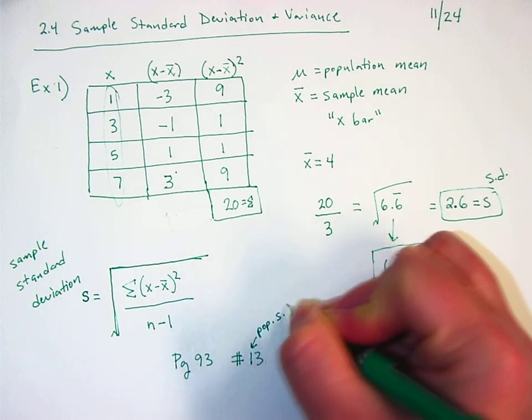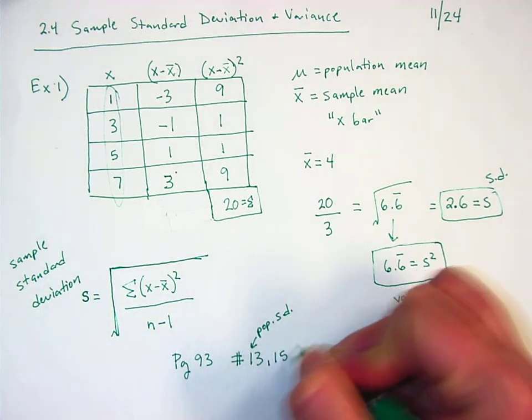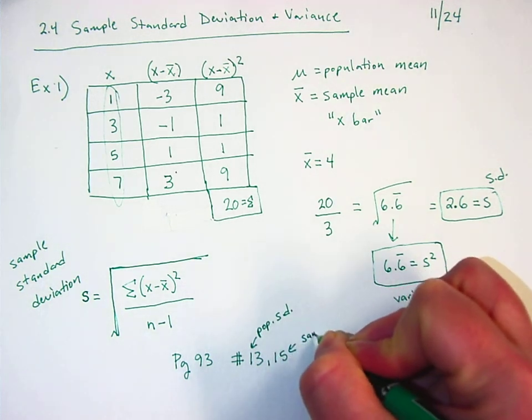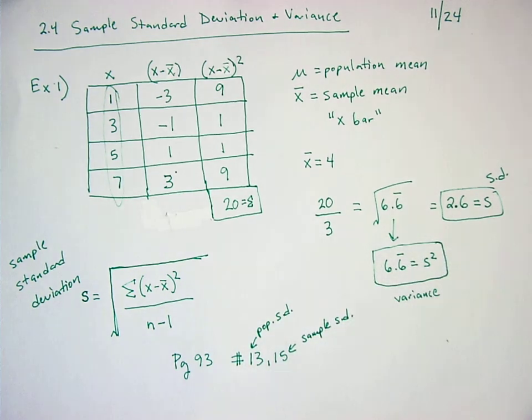So that's like yesterday. And we're going to do 15, which is sample standard deviation. Okay, and that's due tomorrow. 2 problems due tomorrow. They'll take a little bit, but you can get them done.